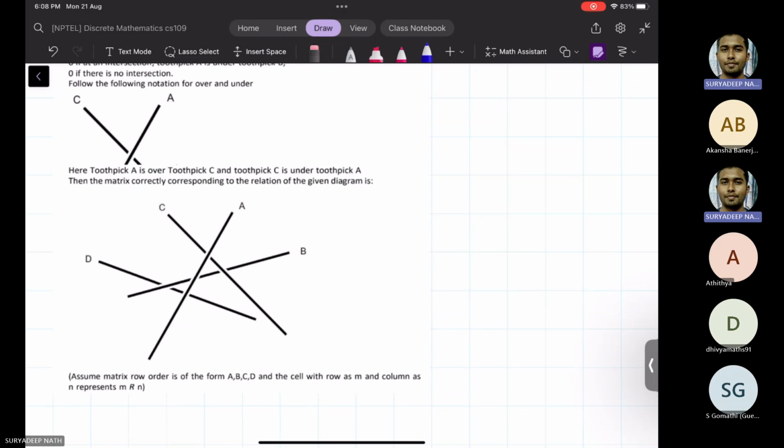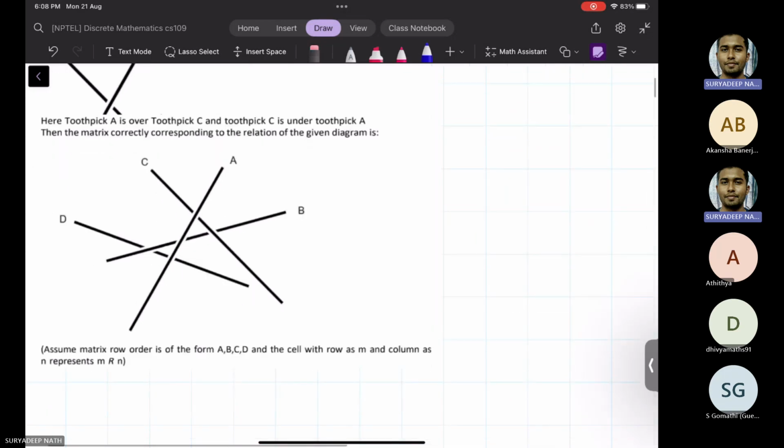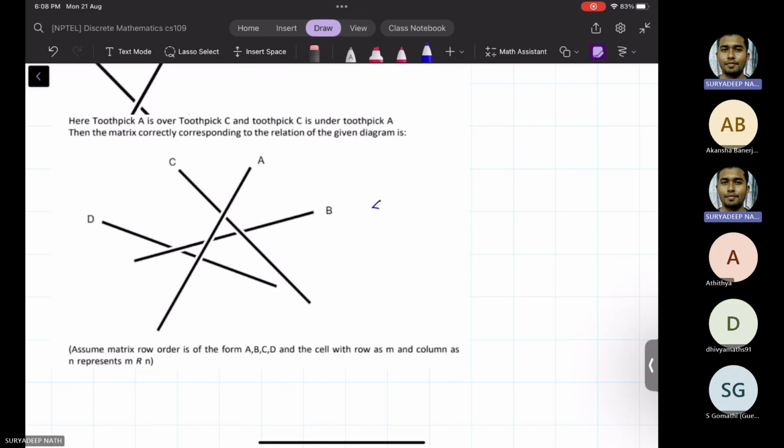Here toothpick A is over toothpick C in the given figure, and we need the matrix corresponding to the relation of the given diagram. So in this diagram, what does the relationship matrix look like?